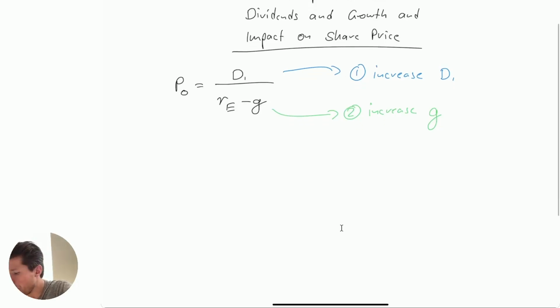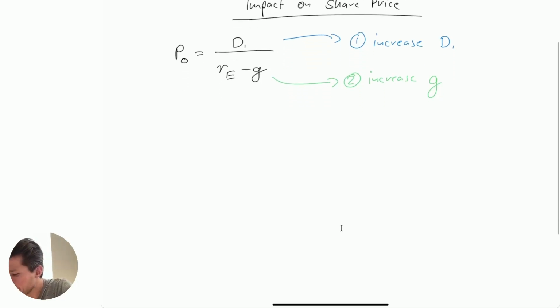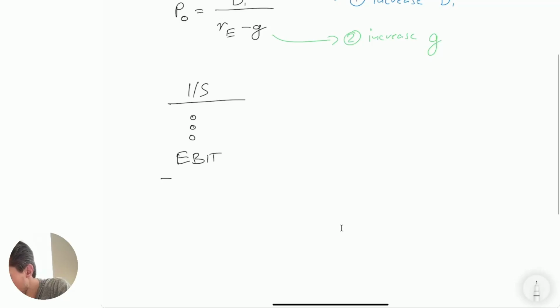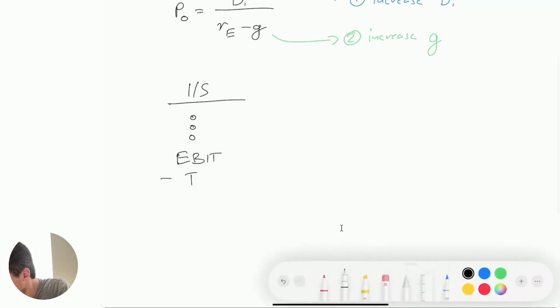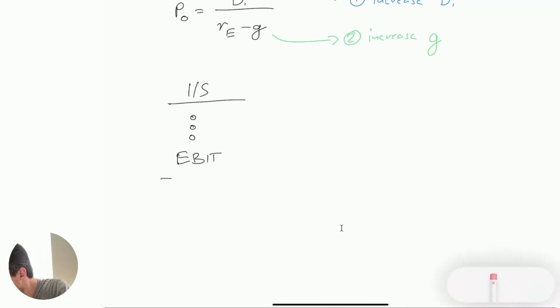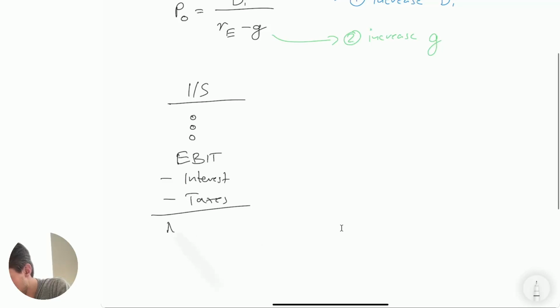So in general, if we go through the income statement again, and I will not start from the top, I start with EBIT minus interest minus taxes, net income, also called earnings.